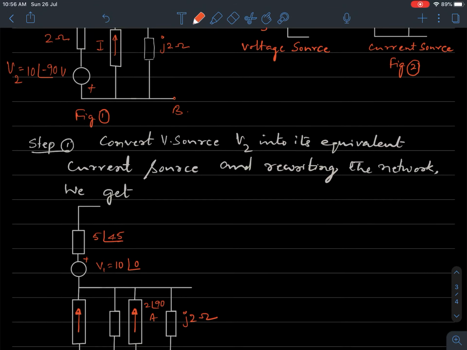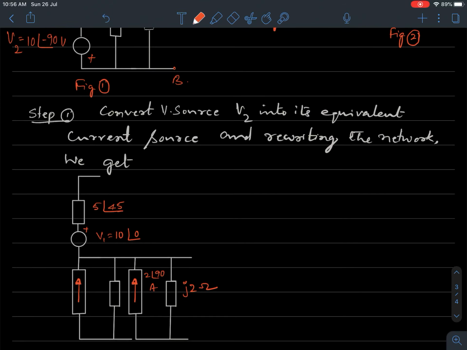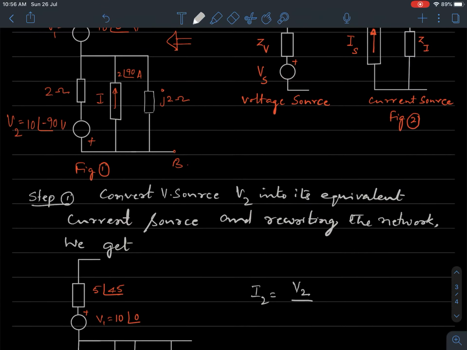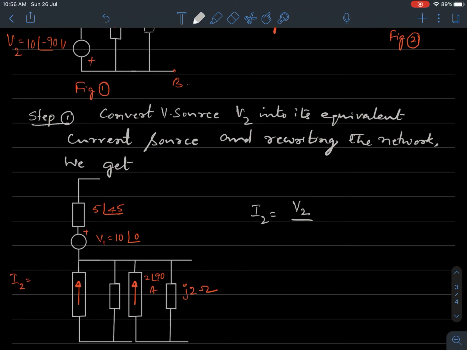Now what I have to do is convert V2 to its equivalent current source. What is that current source equal to? The magnitude of this, let us say, is I2. I will compute it here for you. I2, the magnitude of this current source, is V2 divided by its internal impedance, that is 2 ohms.